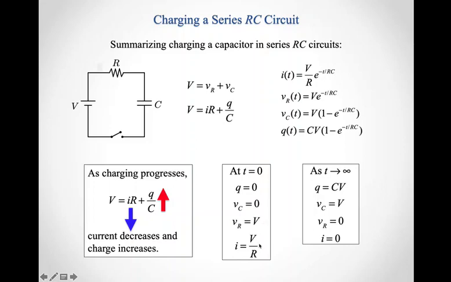The current is at its maximum, as is the voltage across the resistor. It's equal to the voltage of the battery. As t approaches infinity, on the other hand, our capacitor is fully charged, so the voltage drop across the capacitor is equal to the voltage of the battery. There's no voltage drop across the resistor because there's no current flowing through it.